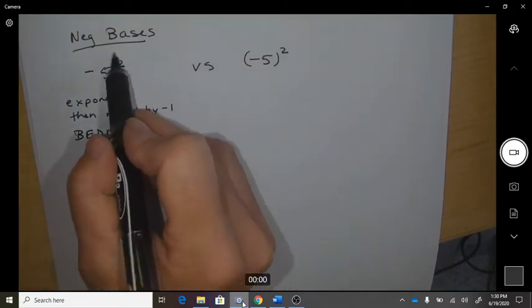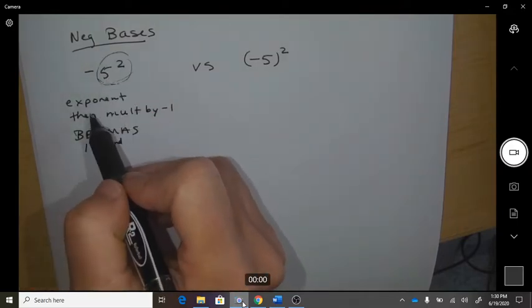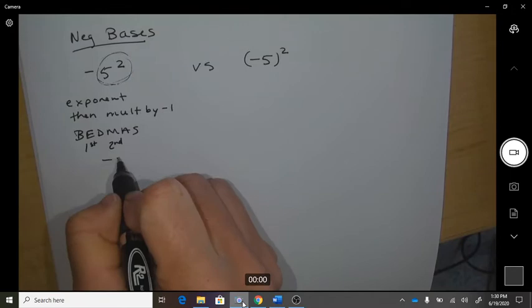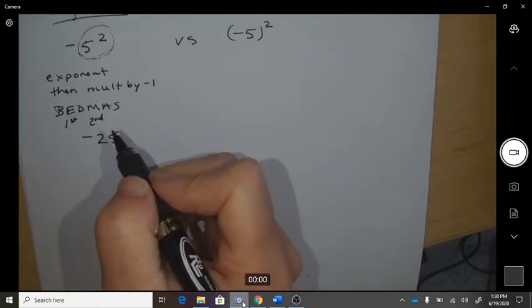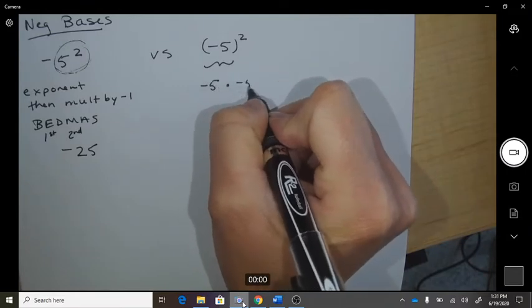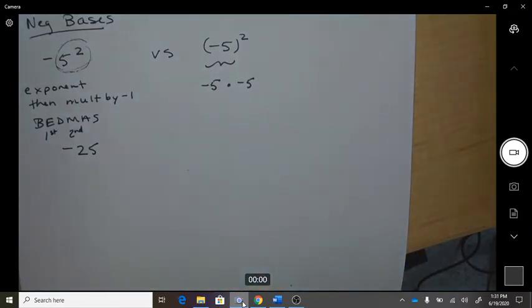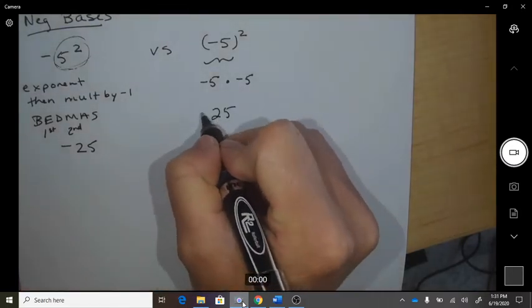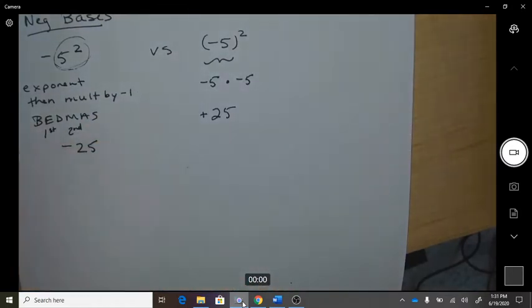So if I do this first, I get 25 and then negative after. Versus this, it's telling me to take -5 and square that. So -5 times -5 is positive 25. Okay, so it's a big concept.